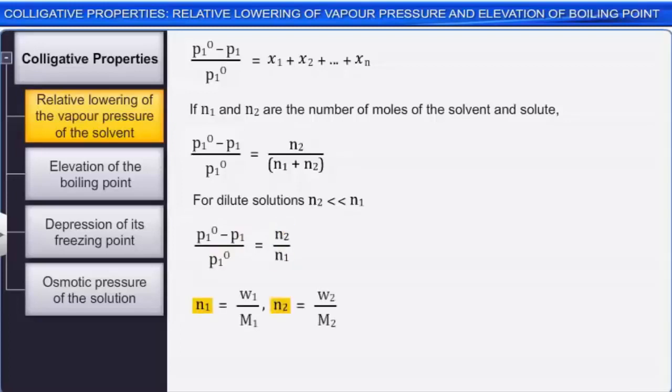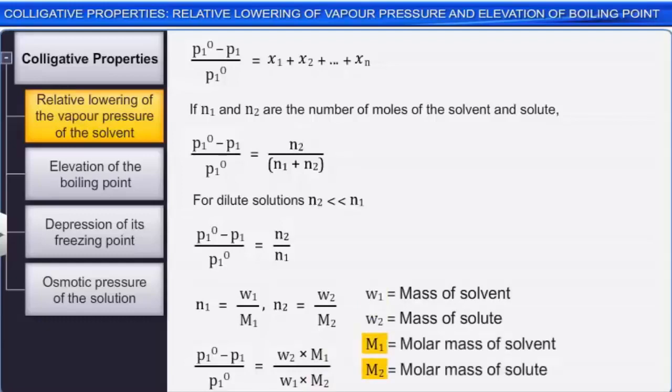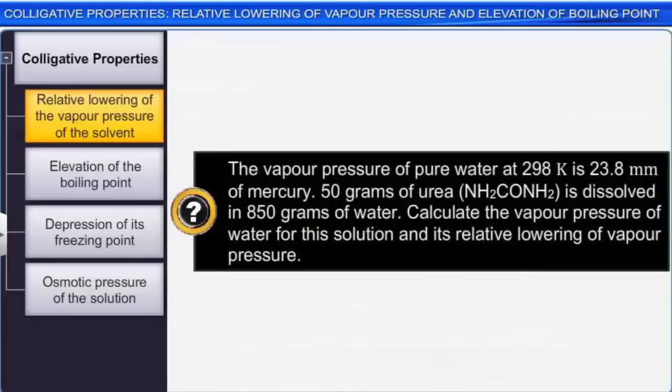Representing N1 and N2 in terms of their mass and molar masses, we get (P1⁰ − P1) divided by P1⁰ is equal to W2 multiplied by M1 divided by W1 multiplied by M2, where W1 and W2 are the masses, and M1 and M2 are the molar masses of the solvent and solute respectively. Let us now solve a numerical on relative lowering in vapor pressure.